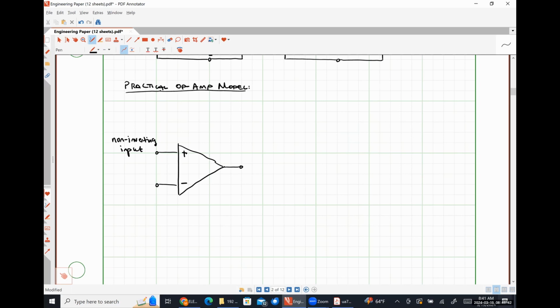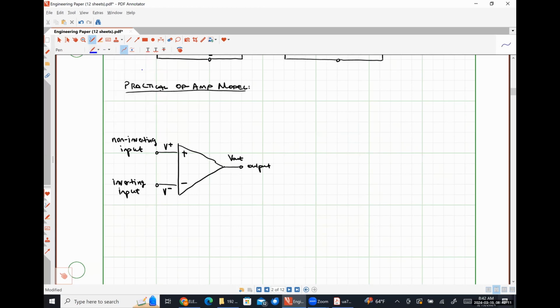This terminal here on the bottom left is our inverting input. And typically speaking, I'm going to call this V plus and this voltage V minus. Over here on the right-hand side, we have our output, which I'll typically denote as V out.